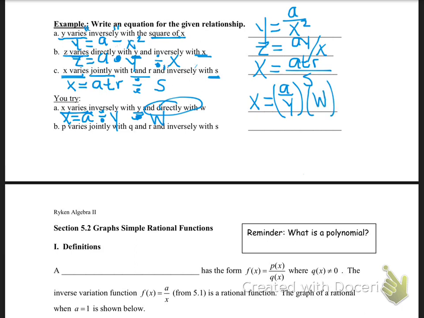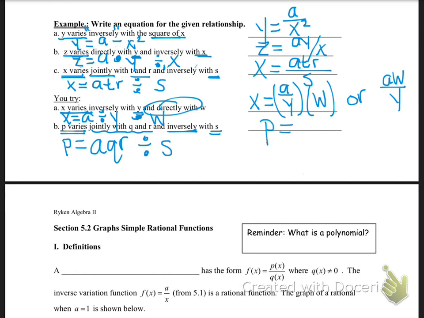You can leave it like this, or you could rewrite it as aw over y. Moving on to the last one. p varies jointly. So p equals, jointly I know I'm going to have a with at least two other letters, so a times q r, and inversely. Well, inversely means divided by s. So p equals aqr all over s. Okay?